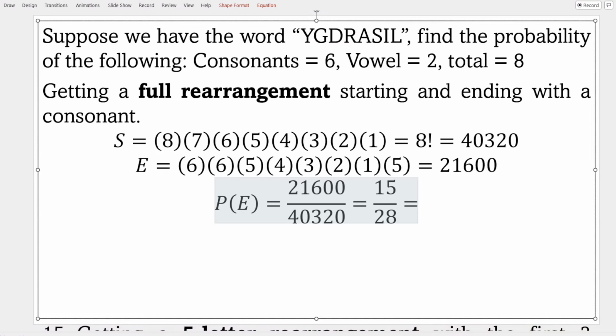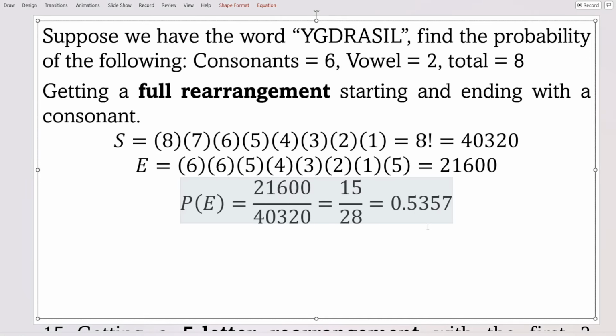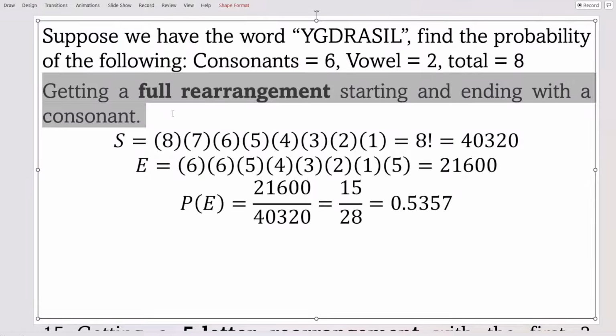In decimal, this will look like 0.5357, rounded off to 4 decimal places. So that is the probability of getting a full rearrangement that starts and ends with a consonant.